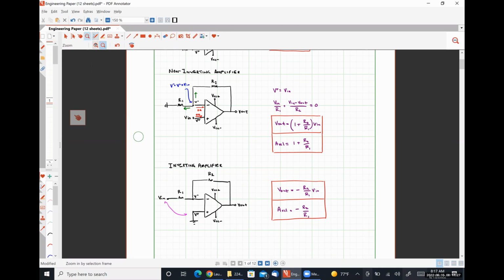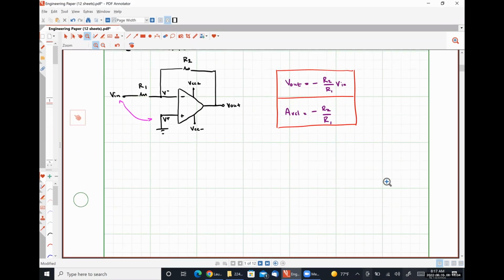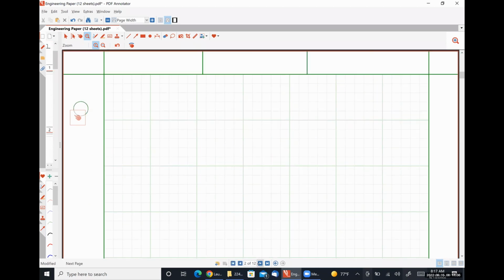Let me zoom back in. And I'm going to go to our next page. So here we are going to look at a modified inverting amplifier.